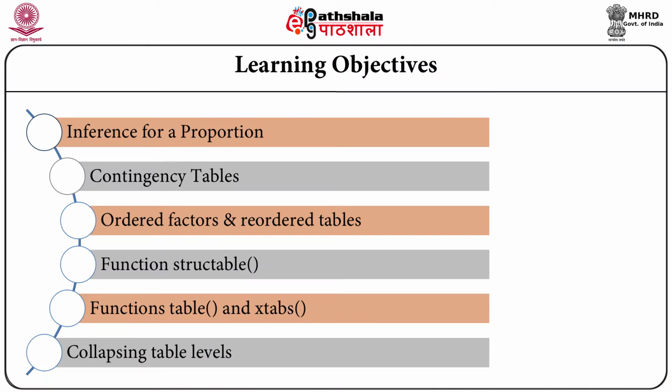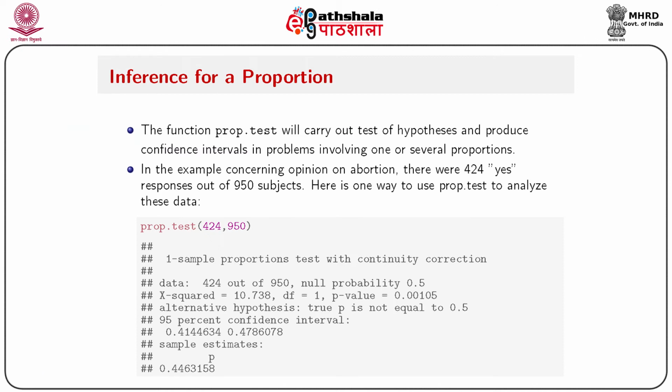And then finally, we'll use a lot of examples to get an idea of how those codes should be used in R for generating different kinds of contingency tables. In this module, we will mainly focus on categorical data analysis.